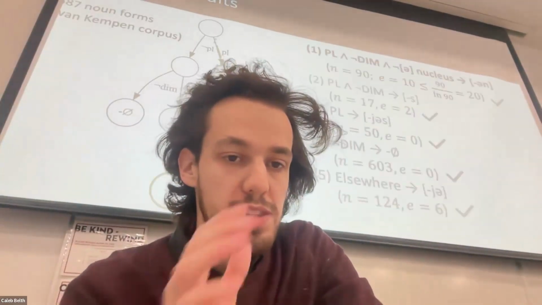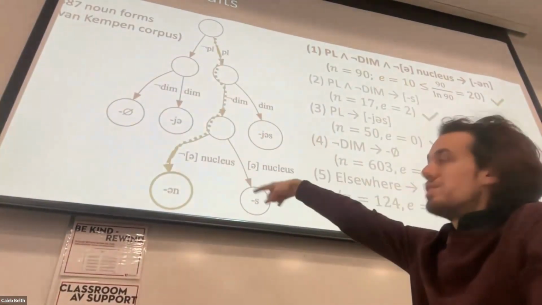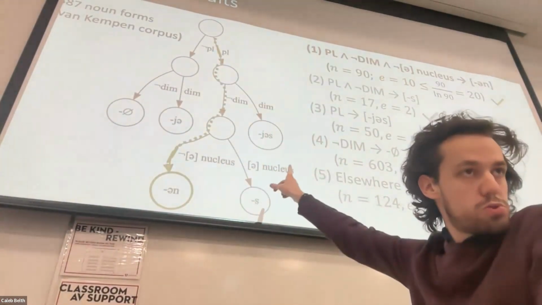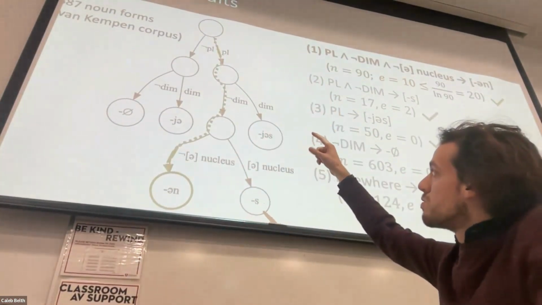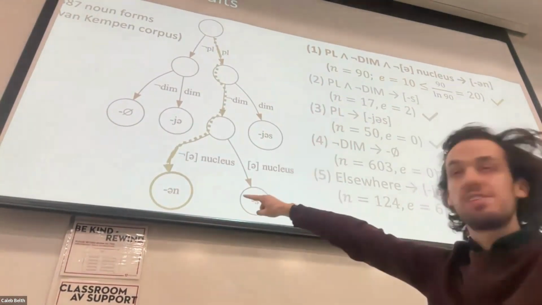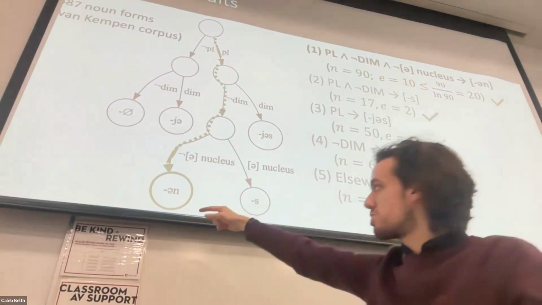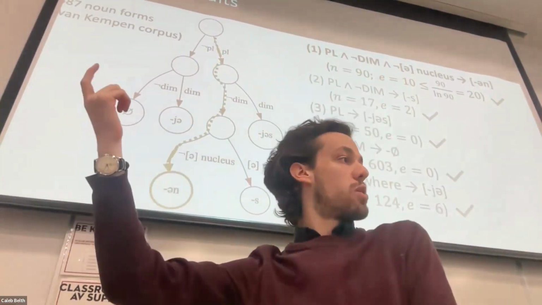So I want to highlight the one that's relevant, this branch. Each leaf of the tree can be thought of as a rule. And so this one highlighted now is for if I'm trying to form the plural non-diminutive of a noun stem that doesn't end in a schwa nucleus, which are the ones that take schwa n. So that's where all the possible alternating forms are going to fall.